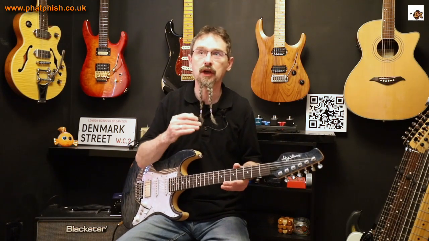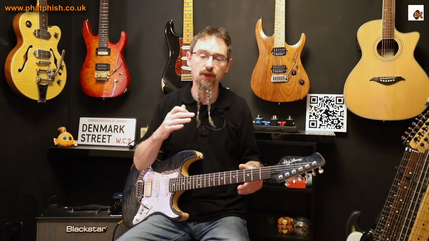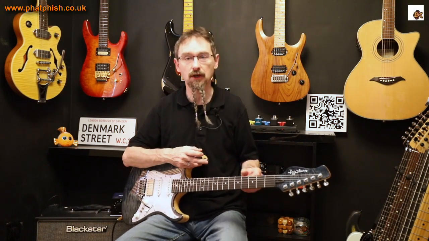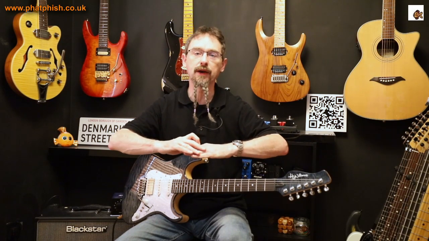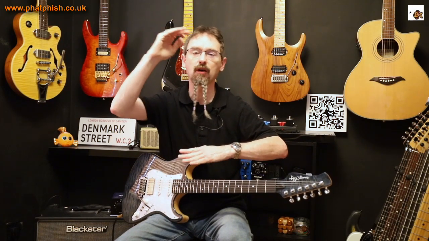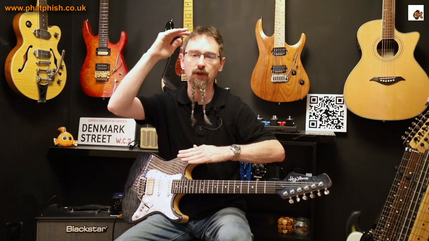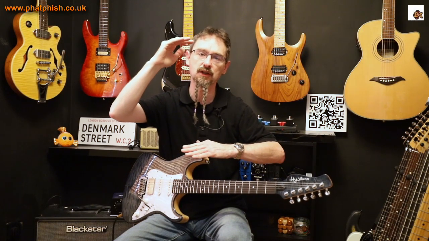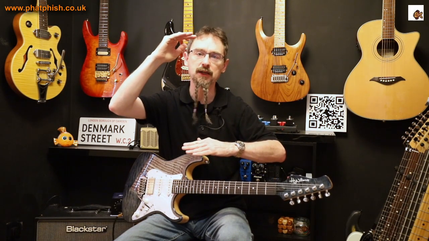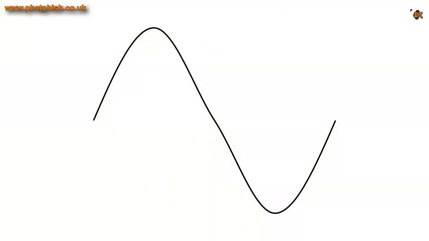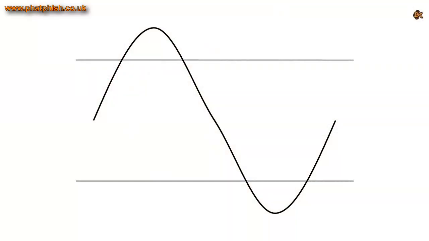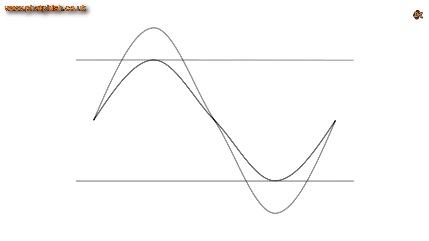Before we get into the playing side of things, let's talk about what those effects do. Compression is about adjusting the volume range of your signal. So you've got a range of volumes from the quietest quiet all the way up to the loudest, the hardest you're picking the guitar. What a compressor does is you can apply a maximum volume that's lower than that. So any part of your signal that's louder than the compressor's maximum setting, it just brings the volume down.